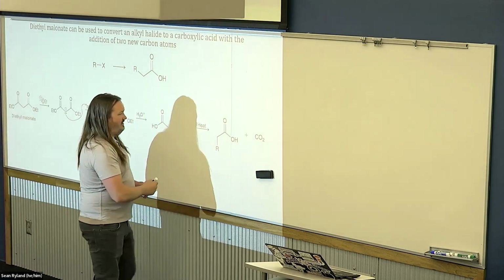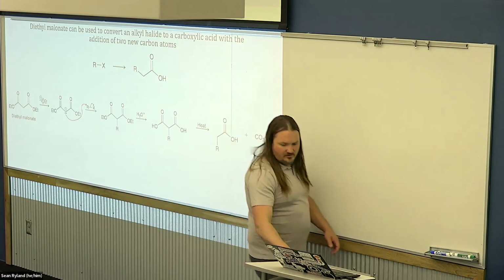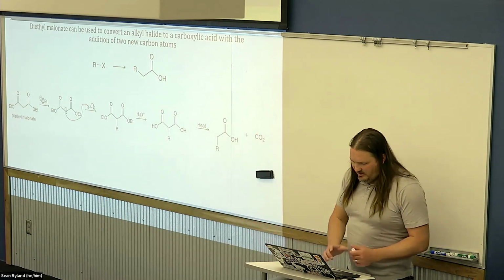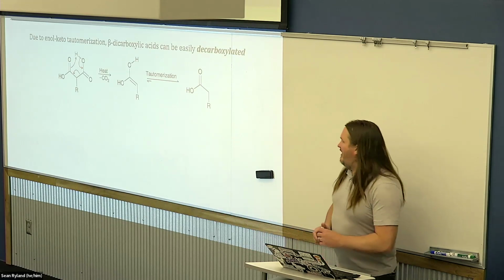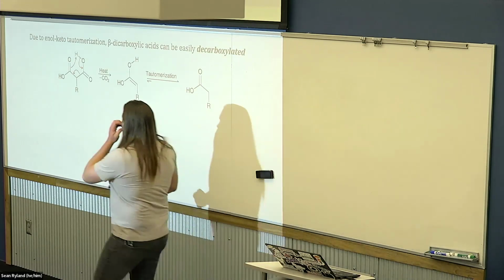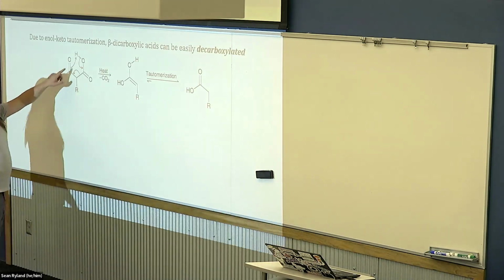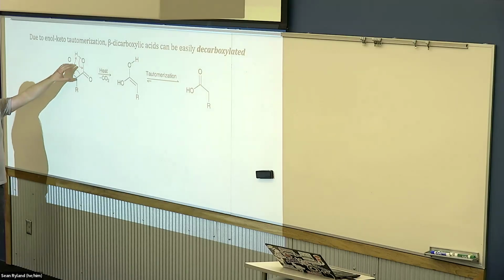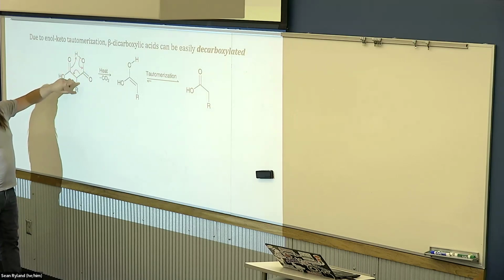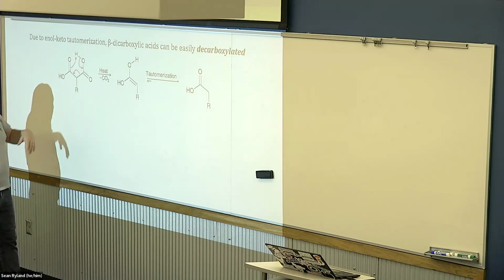And the mechanism for that heat is decarboxylation. The reason it works best with beta dicarboxylic acids is because you get this six-membered intermediate. This still has all the same resonance, this is just a different way of drawing it.